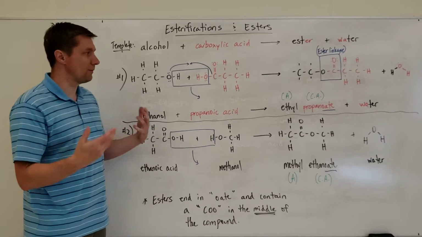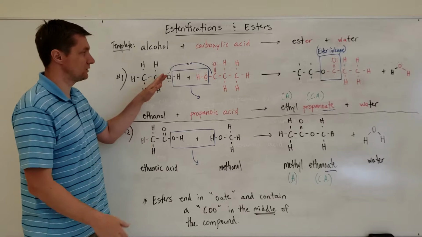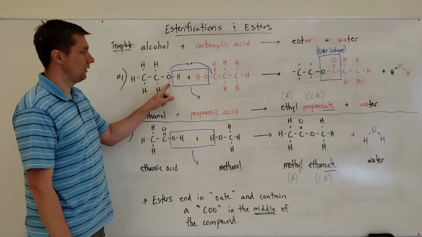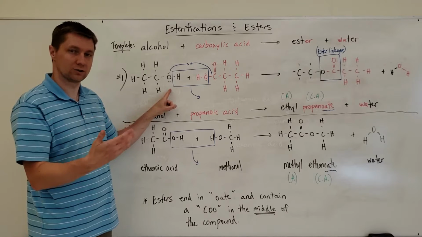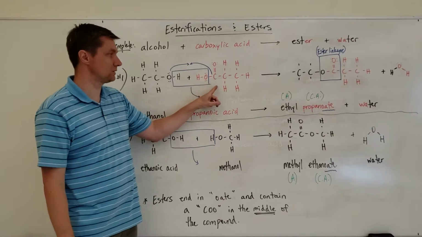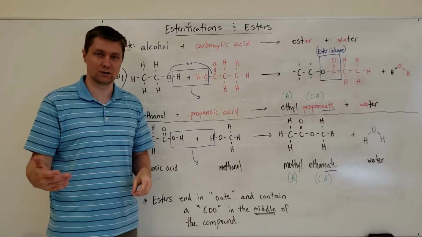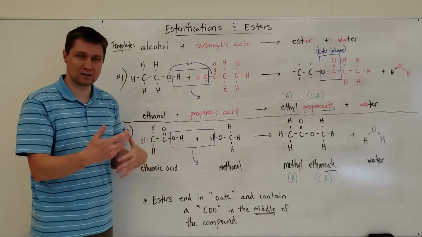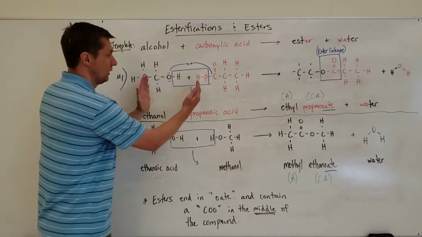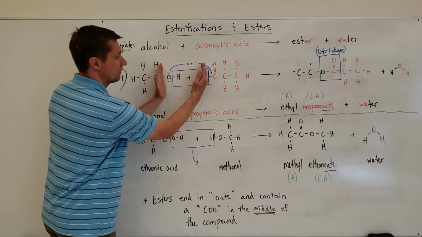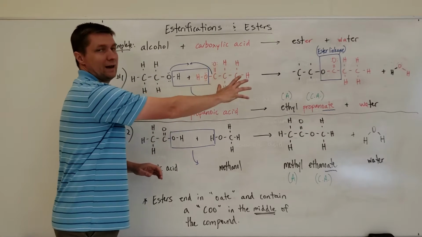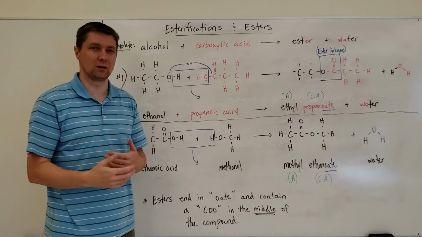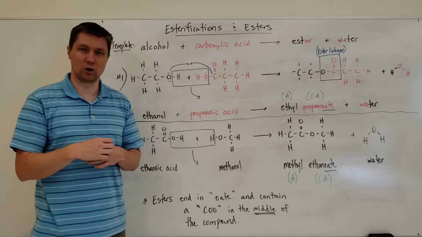The way that I remember that is, if you look at this, you can see that this alcohol still has one oxygen attached to it, and this carboxylic acid still has one oxygen attached to it. Sometimes when kids want to take the water off in this reaction, they'll actually take it off in this chunk right here, which leaves this oxygen and this oxygen on that molecule, and sometimes messes with their thinking in terms of what the molecule ends up being.